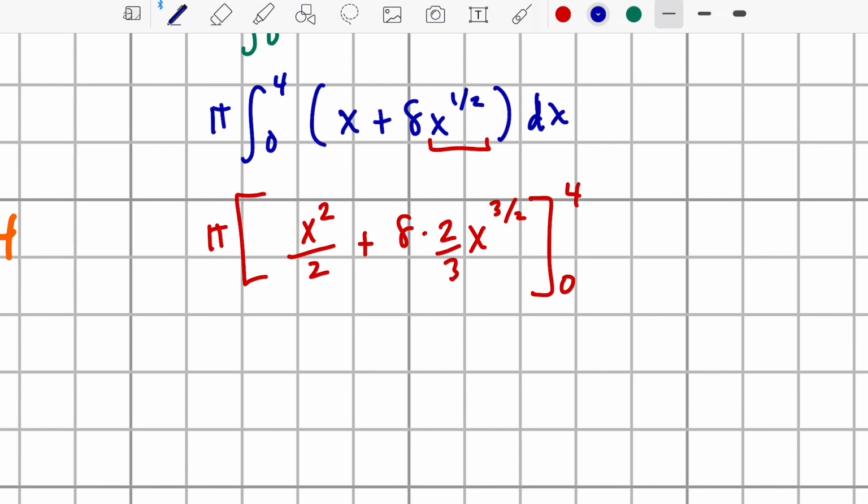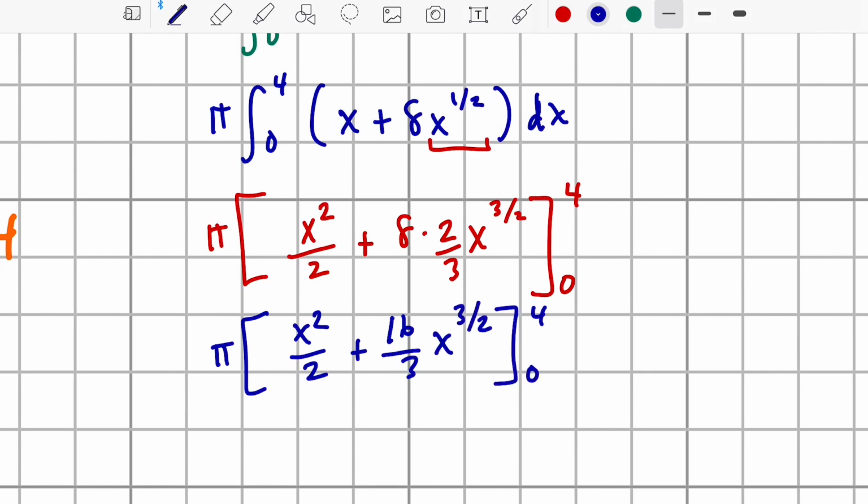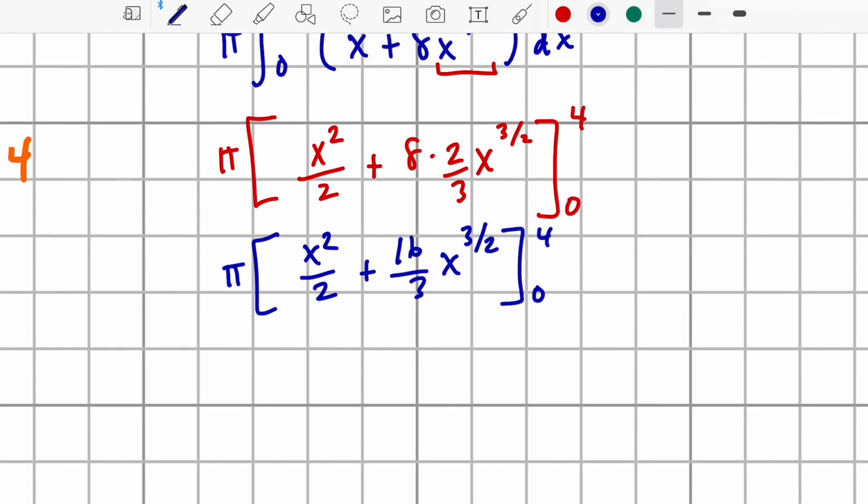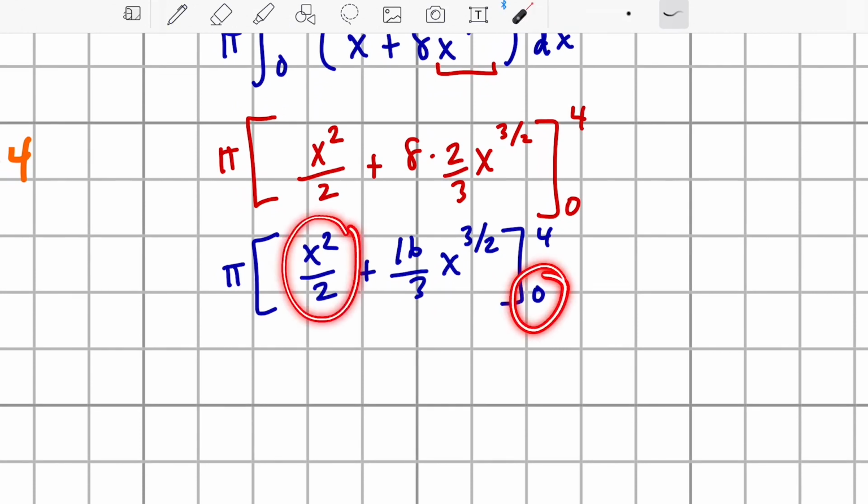Now before I evaluate, I just want to simplify this part here. So it'll be pi times x squared over 2 plus 16 over 3 x to the 3/2 power from 0 to 4. Now before I actually evaluate, I notice that if I plug in a 0 here, it's going to give me 0.